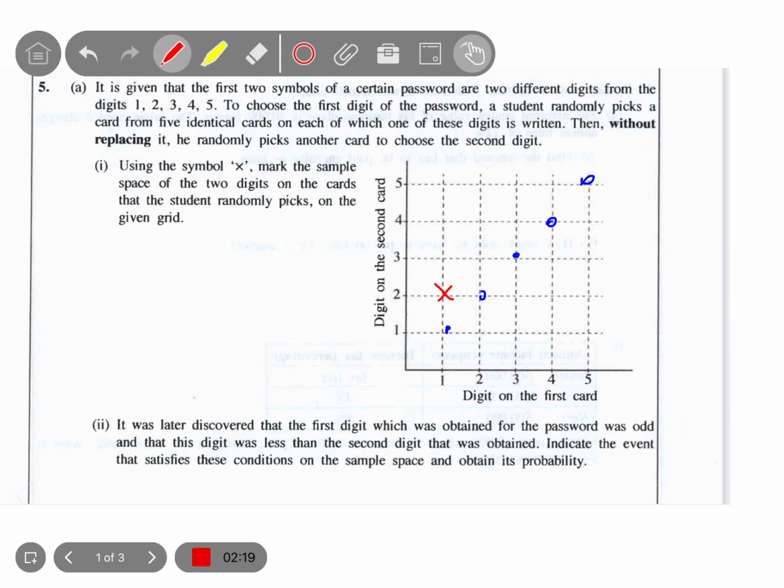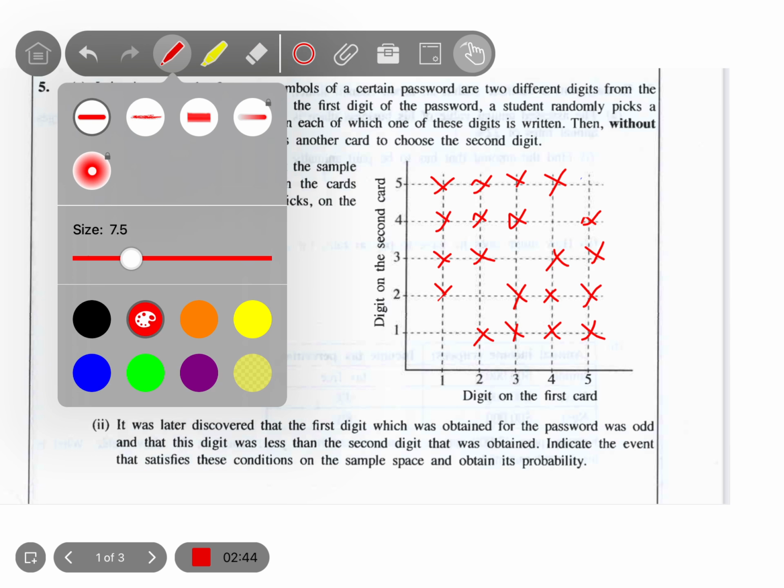You can mark it here, here, here, here, here, here, here. I'll just complete that. So except the blue ones over here, and then finally you have to delete those blue ones because we don't have that. So this is the answer for the first part. Pretty simple, right?